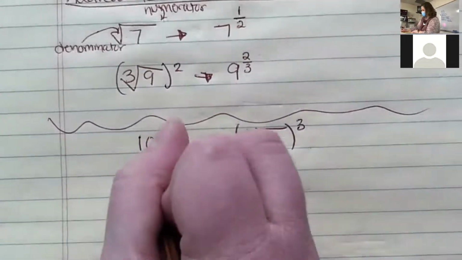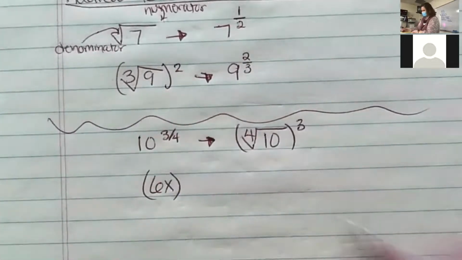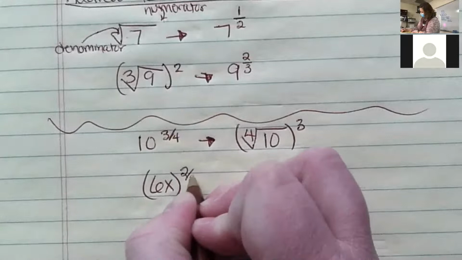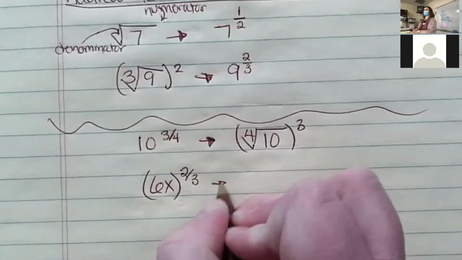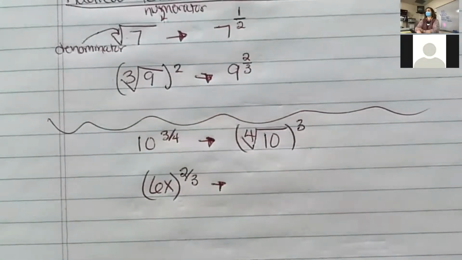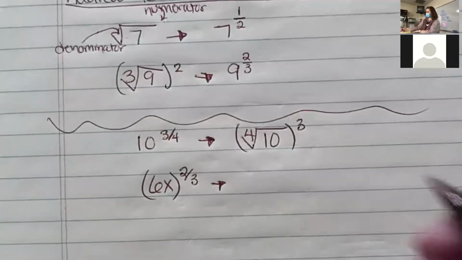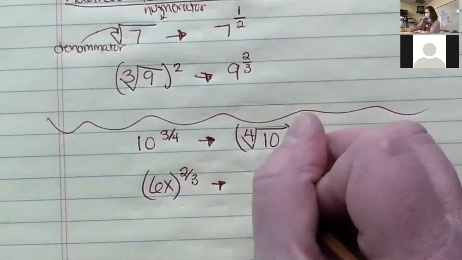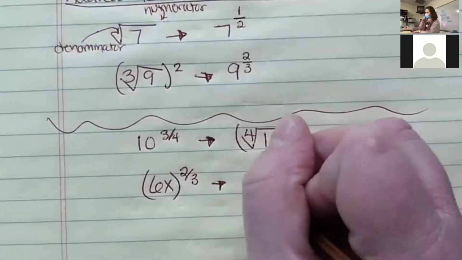Okay. What if I have 6x raised to the 2/3 power? Will it always be like the whole thing raised to the 3rd? If you have like raised something? Yeah. Okay. What if I have that? 6x is going to go in that root right underneath. What is my root value out here?